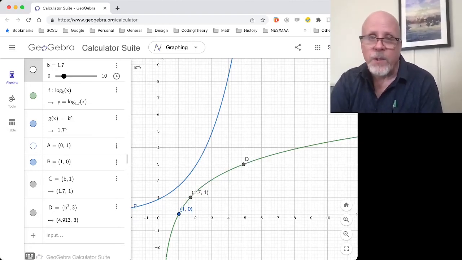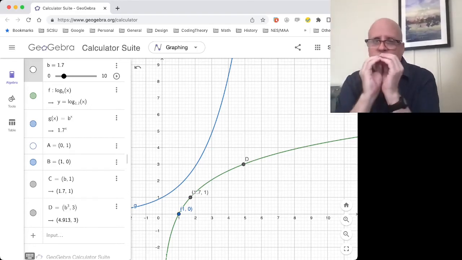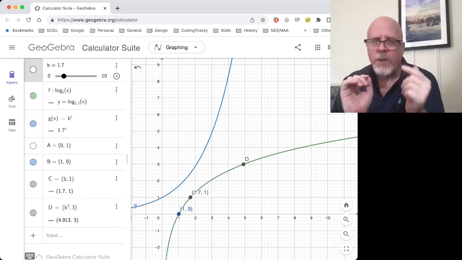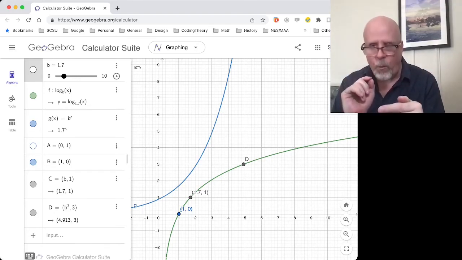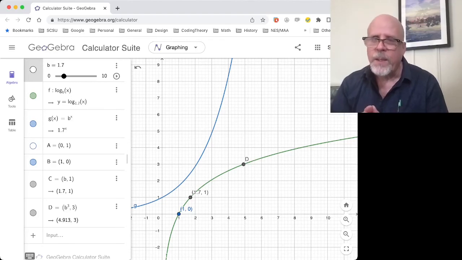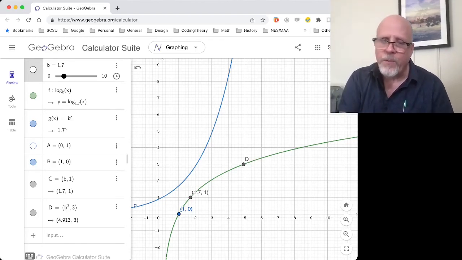It's increasing. I want to make sure I get the distinction clear to you. You need to think about what happens when x increases, and if y also increases, the x going up makes y go up, then the graph is increasing. You could draw this graph by going this way on it, right? And your pen would be going downhill.